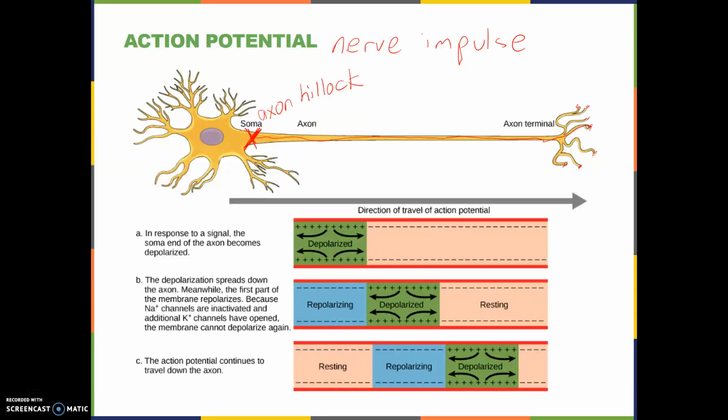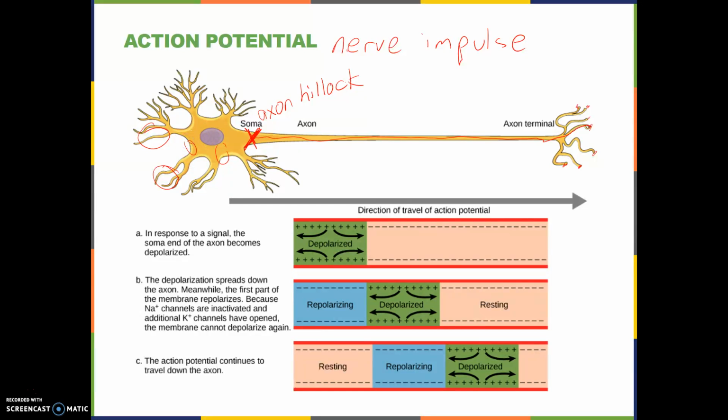targets. So if you look at picture A, it says in response to a signal, and the signal is going to come from the dendrites or the cell body, or it could be a combination of signals coming in from several dendrites and several areas on the cell body.